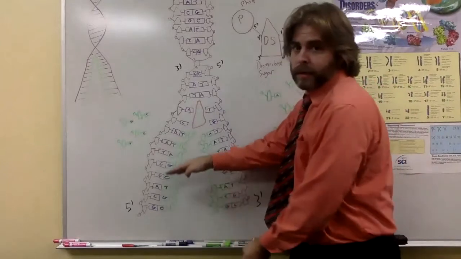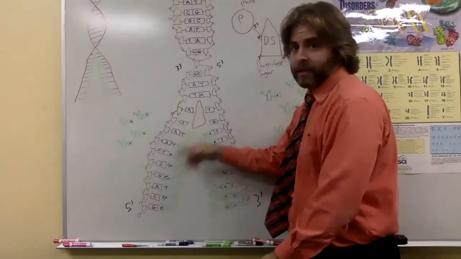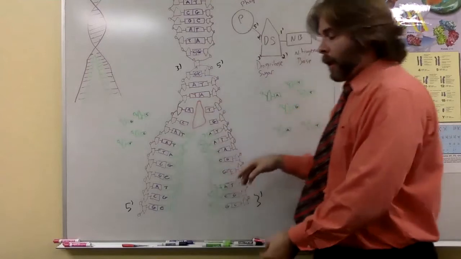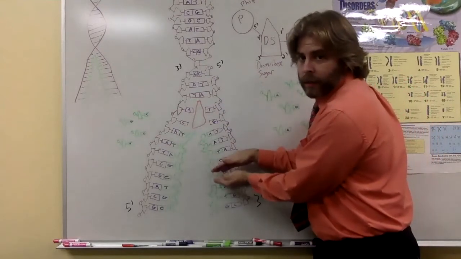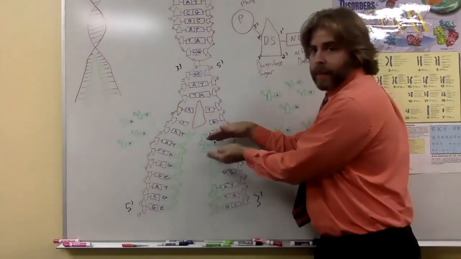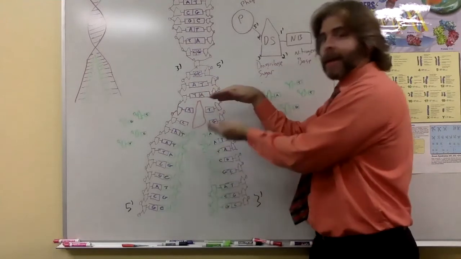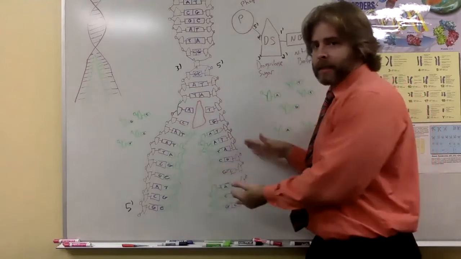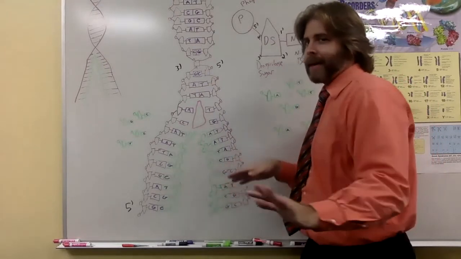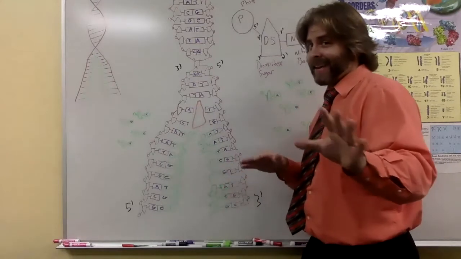This one was one steady strand. That was the leading strand. They went 5' to 3'. The 3' to 5' was in chunks. It went this way and then went this way and then went this way. That was slower. So if this was a race, this side was lagging behind. See? Lagging, the lagging strand.